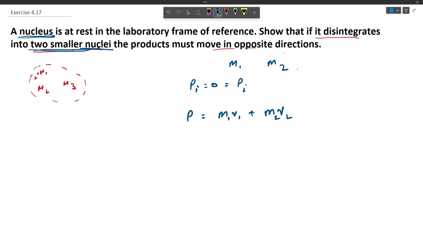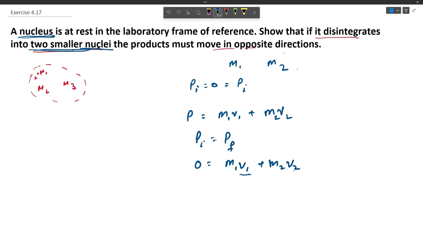So according to conservation of momentum, P initial equals P final, or 0 equals m1 v1 plus m2 v2. Now we have to show that the velocity of one particle is in the opposite direction of the velocity of the other particle when the nucleus disintegrates.